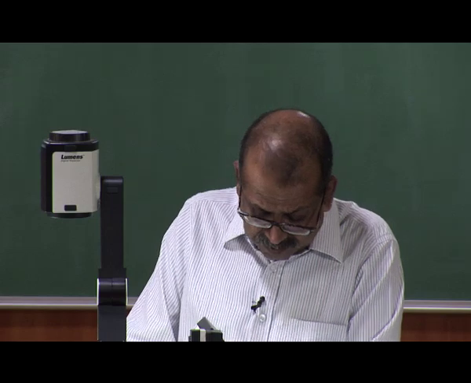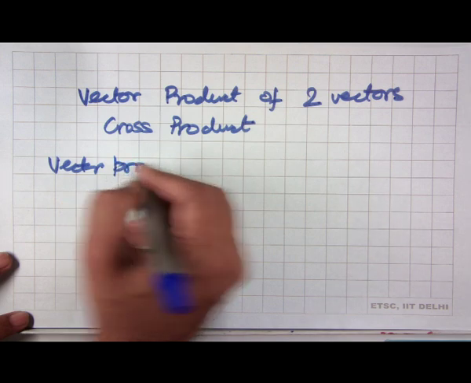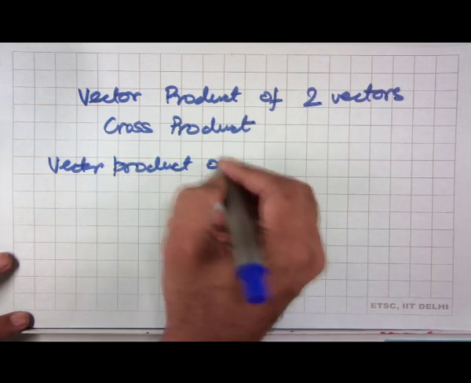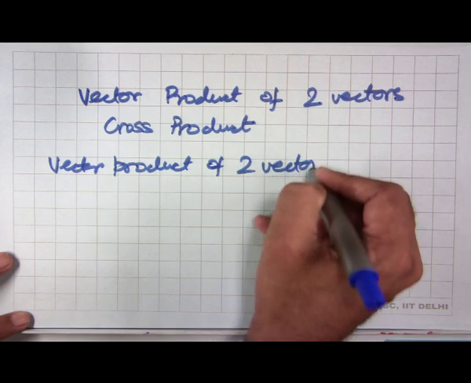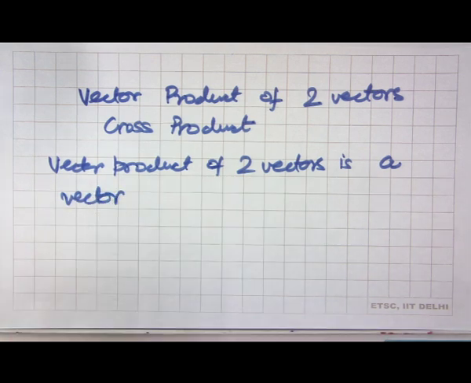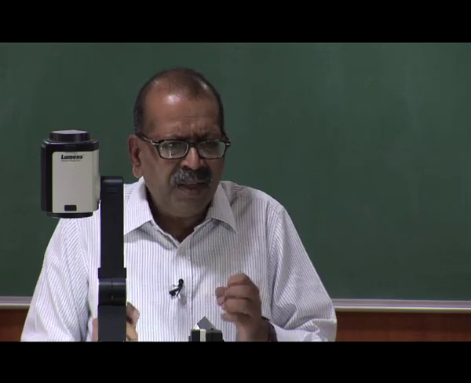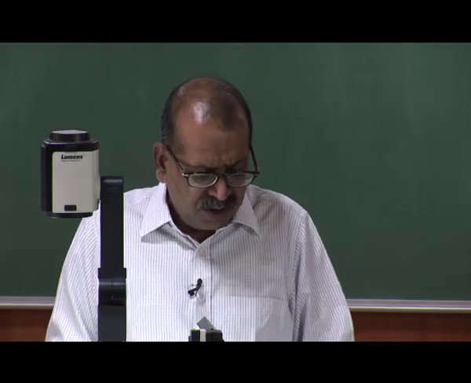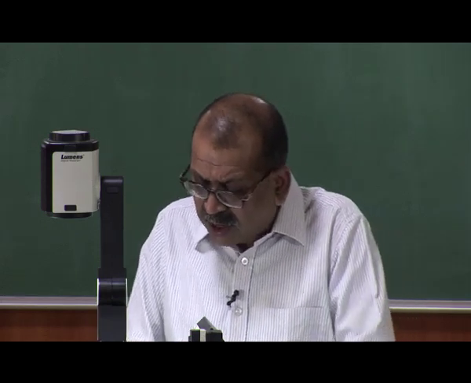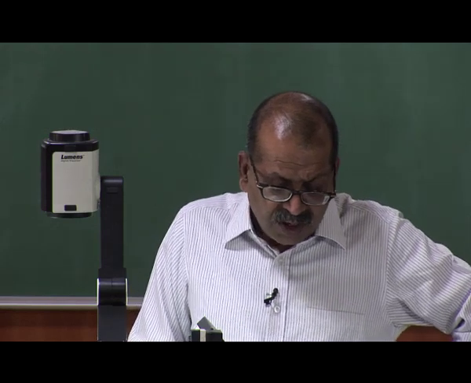In this case, the vector product of two vectors is a vector quantity. It is not a scalar, and in advanced courses you will also see that this is a vector in a rather restricted sense. But for our purposes, we will just take it that the vector product of two vectors is a vector.